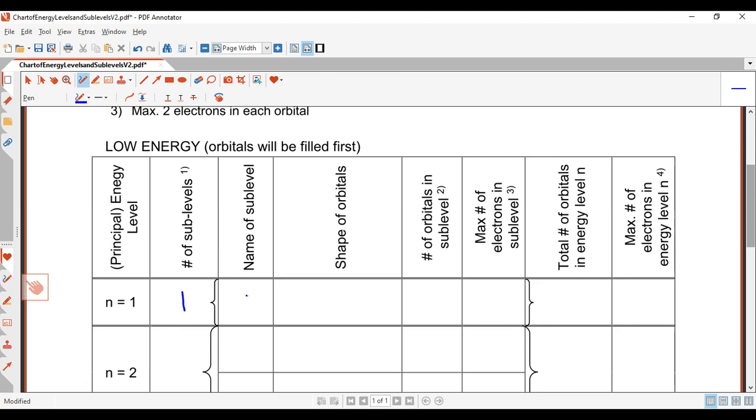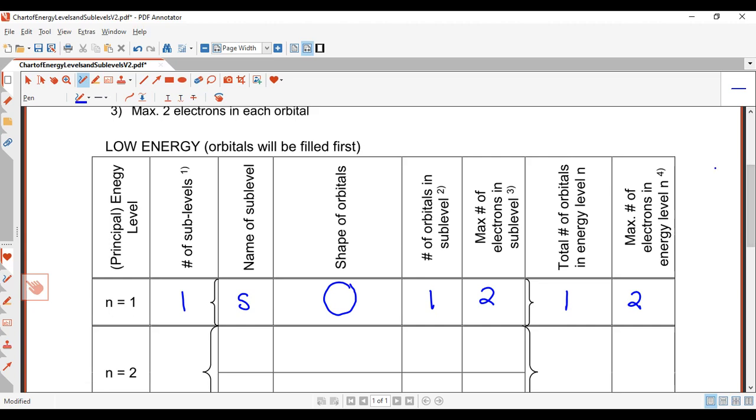The name of this is S. It's a spherical shape, so just draw a circle here. Remember, the S sublevel only has one type of orbital, so there's only one. We can only put 2 electrons in an orbital, so that would be 2. And there's only one orbital in the first energy level, so that's going to be 1 with 2 electrons.